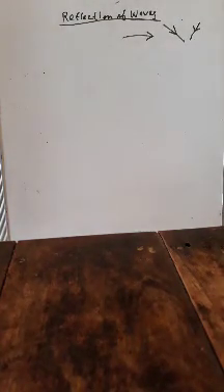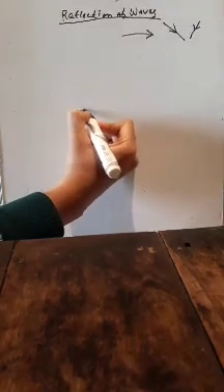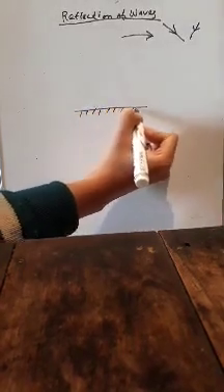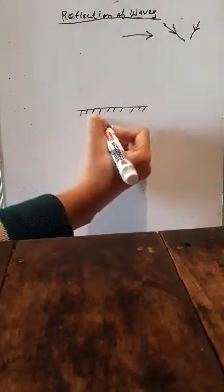So suppose a ray is traveling through a medium, and is incident at a point on the interface of the medium. This point is called the point of incidence. Let me put a diagram in for you, students. This is your second medium.